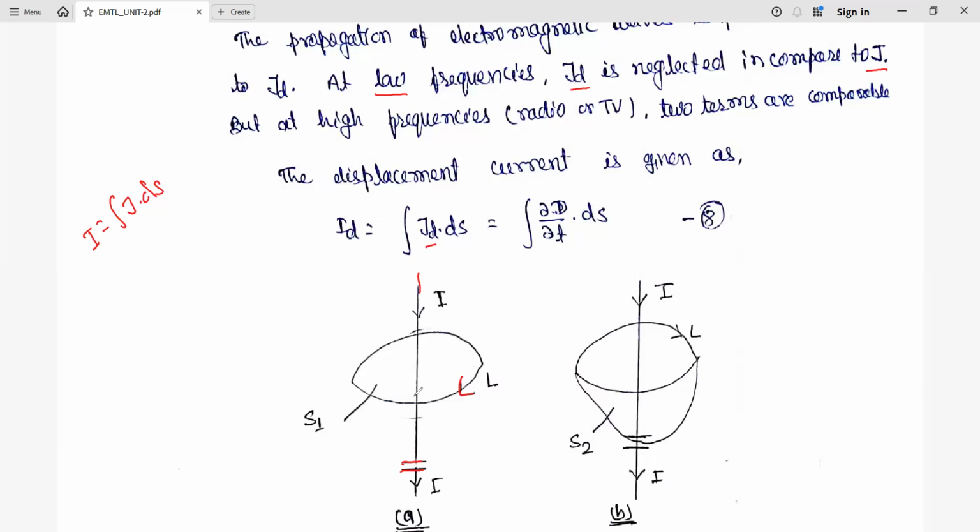We can keep some disc-like structure also, and that surface area is S1. This is the disc-like structure, in between which this wire is going to pass. So that surface area is S1 here, and this is the closed path also.